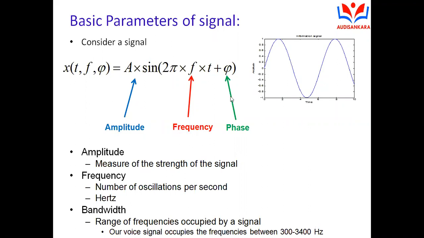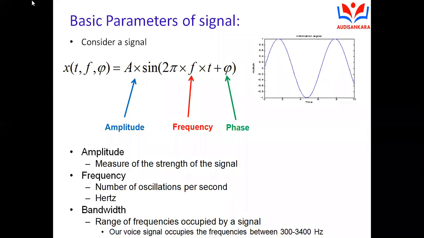Then what are the basic parameters we have in the sinusoidal signal? For identifying them, we need to consider a time varying signal, basically represented as x of t.